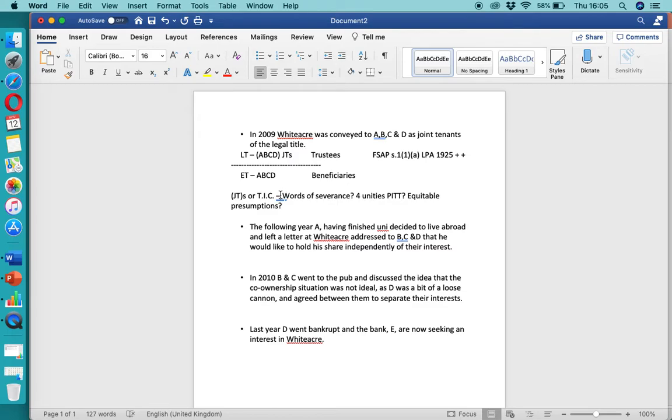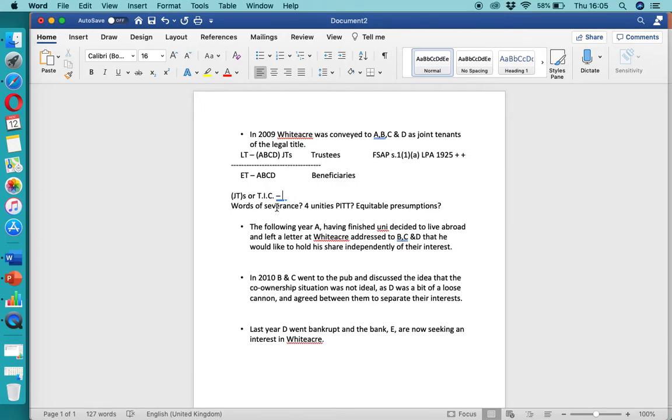So these are the three things that you could do to consider whether, in the eyes of equity, they hold as joint tenants or tenants in common. Do they want to be a collective within brackets, or do they want to be separate and severable and independent of each other?